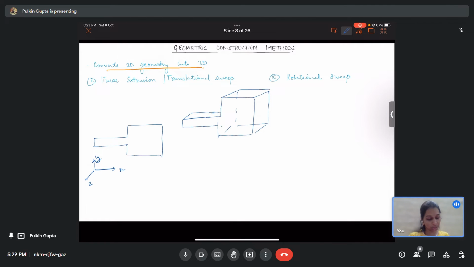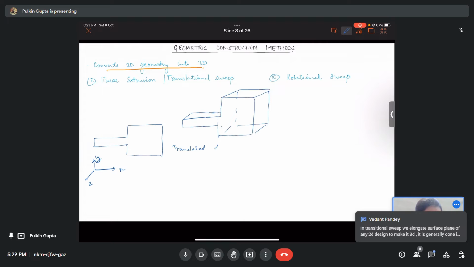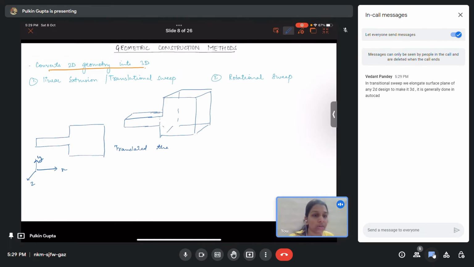So this is your extrusion. You have basically translated the, okay, in translation, Mr. Vedant has written in translational sweep, we elongate the surface plane of any 2D design to make it 3D. It is generally done in AutoCAD. Yeah, correct. You have other software as well. So you translate this, or elongate the surface plane from a 2D sketch to 3D.